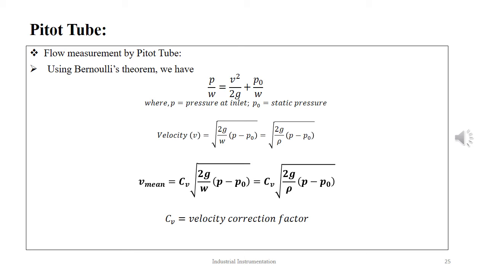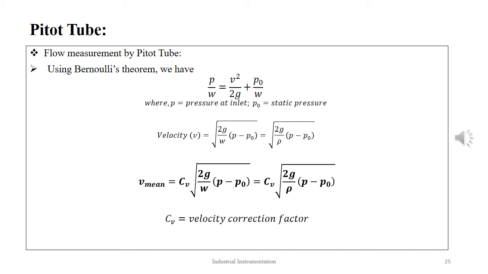Pitot tubes develop a very low differential pressure which is often difficult to measure with the secondary element. Also, the accuracy of these Pitot tubes is dependent on the velocity profile of the fluid. The velocity profile is again affected by turbulence in the flow stream. If we apply Bernoulli's theorem, we get P by W equal to V square by 2G plus P0 by W, where P is the pressure at inlet and P0 is the static pressure.